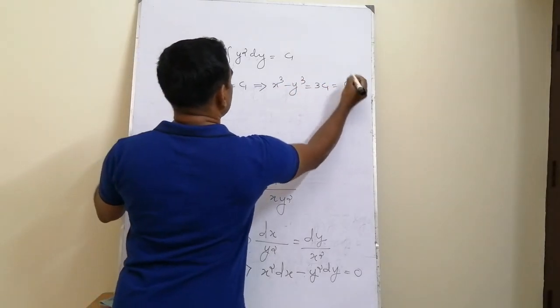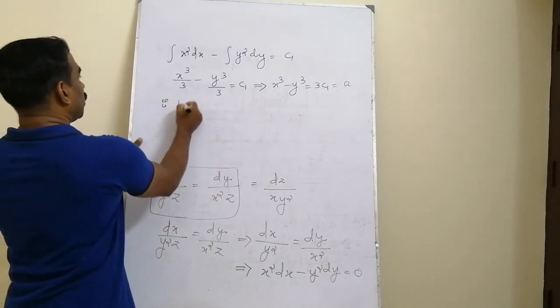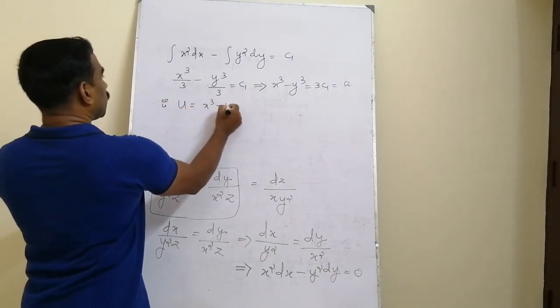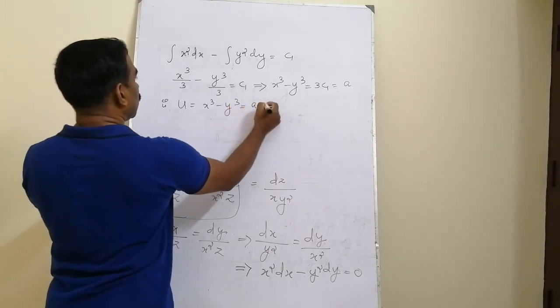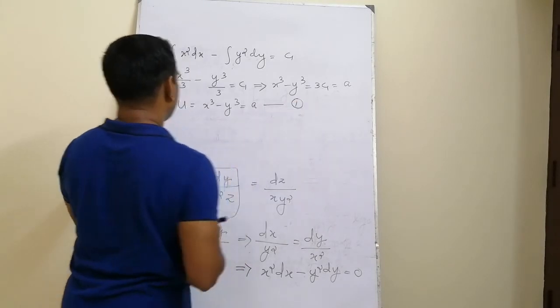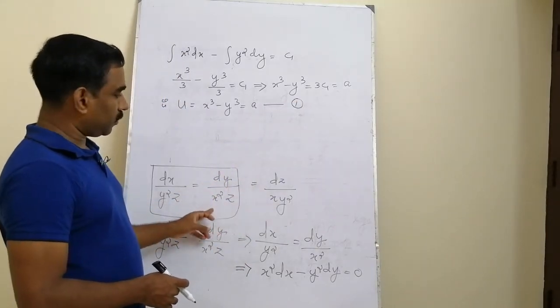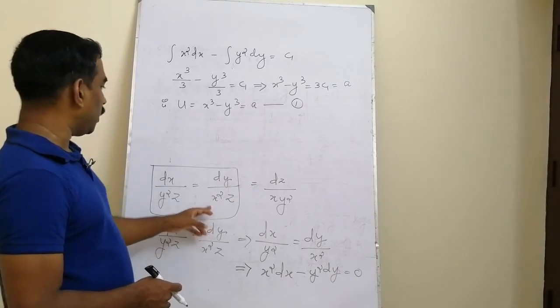We can call it a single arbitrary constant, say a. Now that is in the form u = x³ − y³ equal to a constant. So this is the first solution. Question number 1. If we group the second and third ratio, we will get another independent solution, say v.